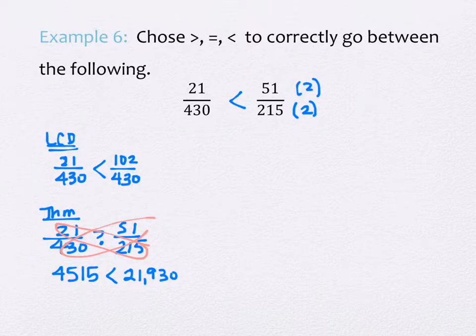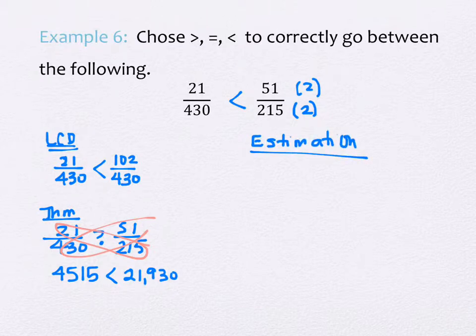Another thing to be aware of on this one is, to be honest, it's really easy to tell which one's bigger without even reducing or simplifying. I want you to think for a moment, because we are going to talk more about estimation in some different sections, about an estimation of what's going on here. This one is really basically like 20 over 400, right? Something like that.